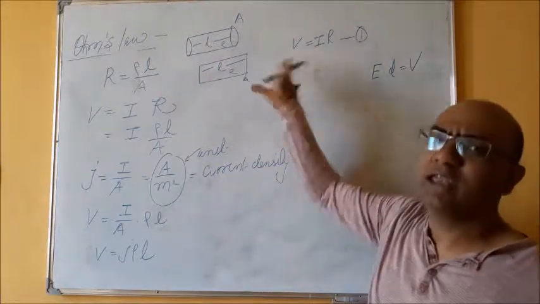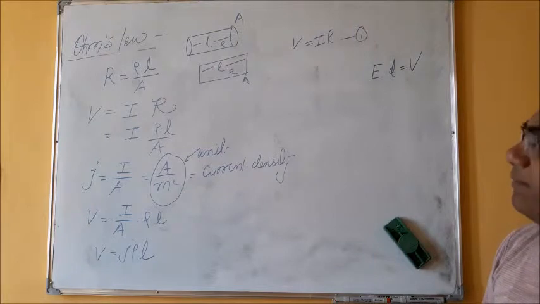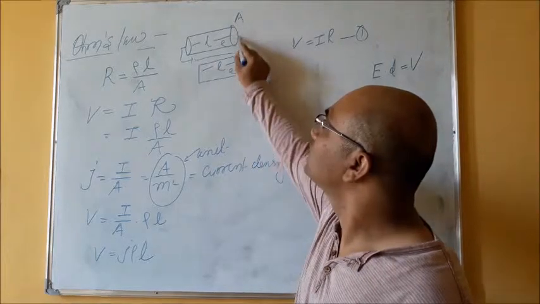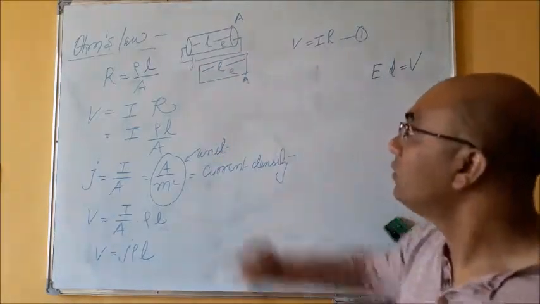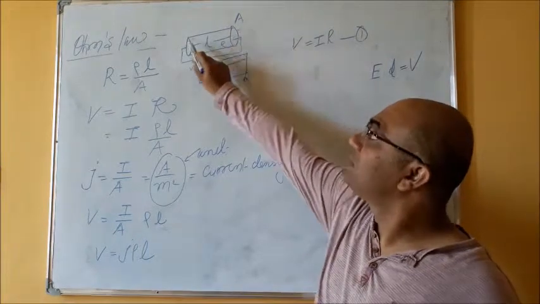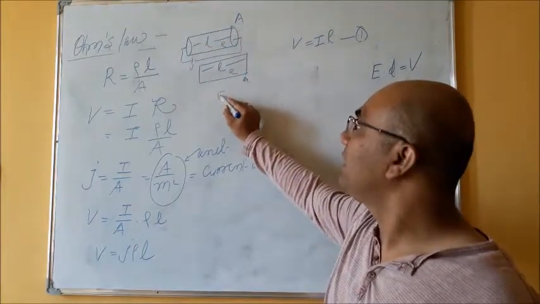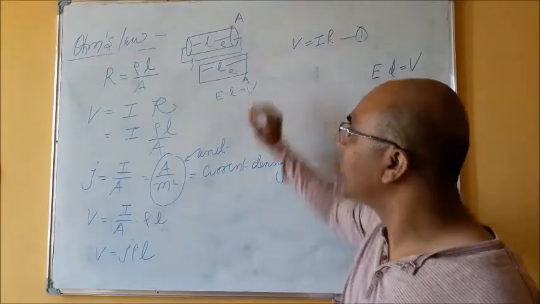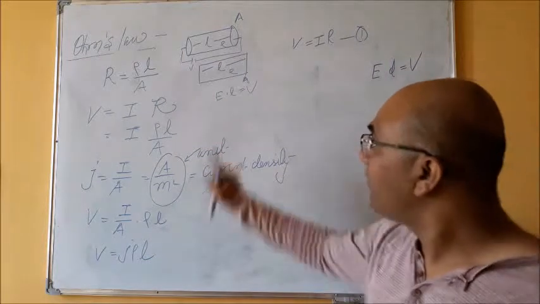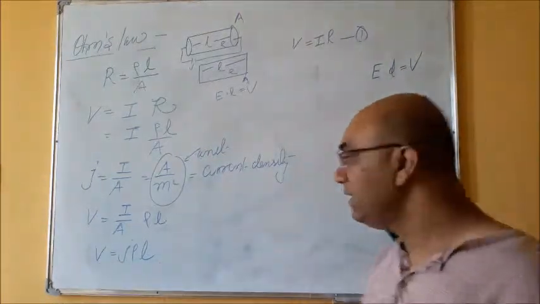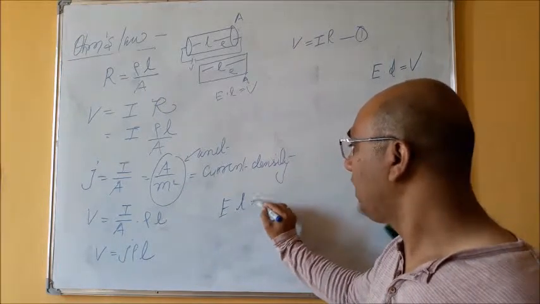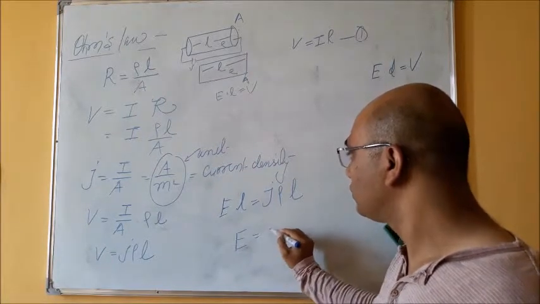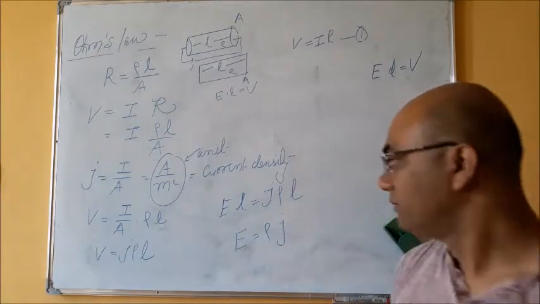If I provide the voltage between these two surfaces, an electric field will be developed, and E into the length L between these two surfaces can be given by V. Hence in place of V, what can I write here? EL. So EL is J rho L, and I will get E equals rho J.